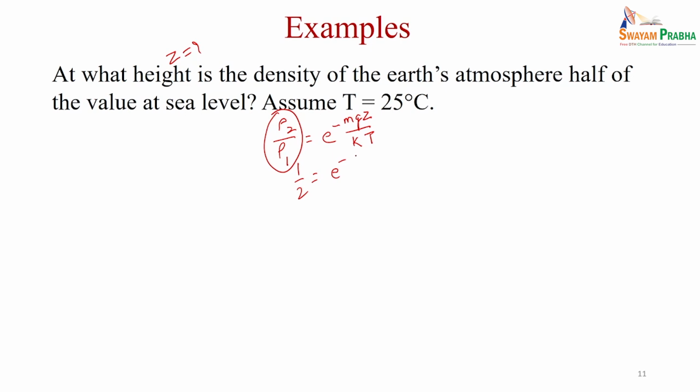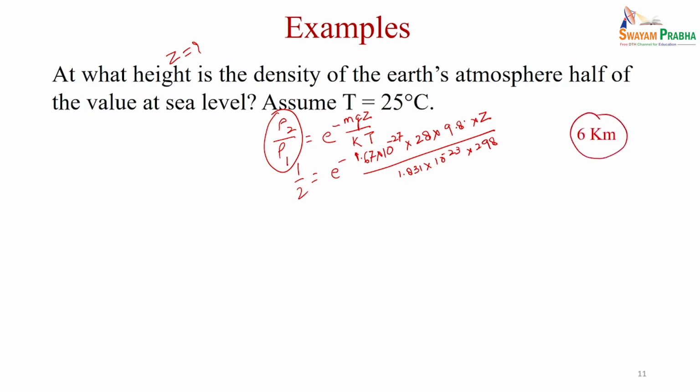So, mass of hydrogen is 1.67 into 10 to the power minus 27 kg into molecular weight of air 28, gravitational 9.81, and Z we have to calculate, divided by k, the Boltzmann constant 1.381 into 10 to the power minus 23, into T is 298. If you solve it, you will get simply the value of Z, which will come out to be about 6 kilometer.